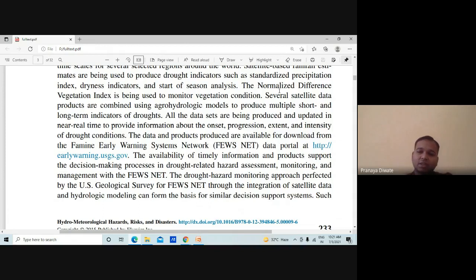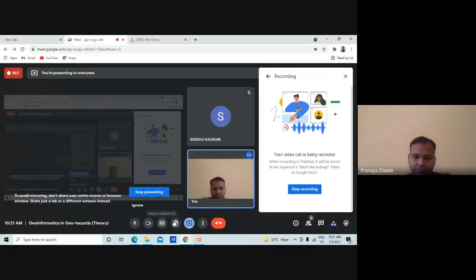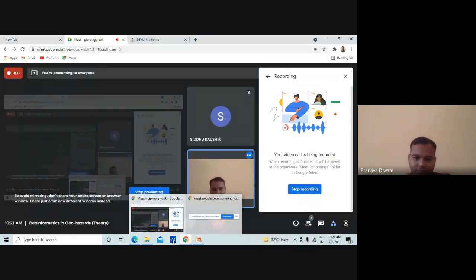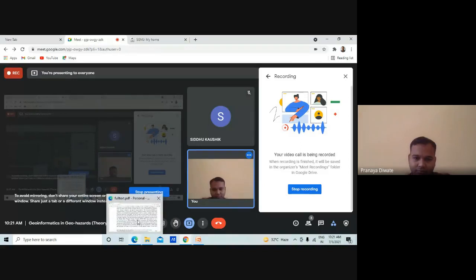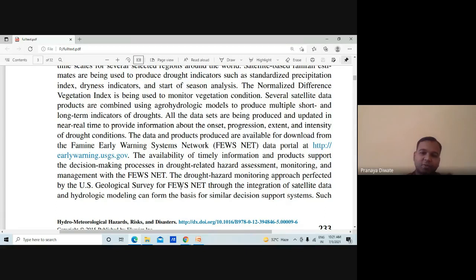The drought hazard monitoring approach: the availability of timely information and products supports the decision making process in drought related hazard assessment, monitoring, and management with FEWS NET.